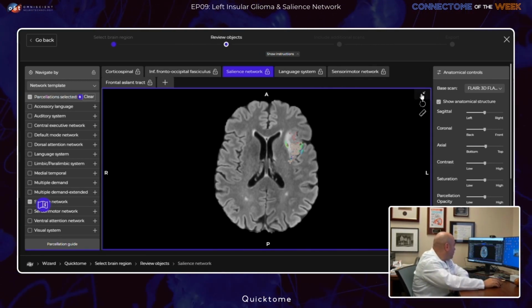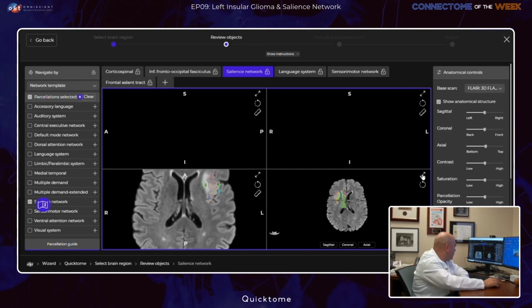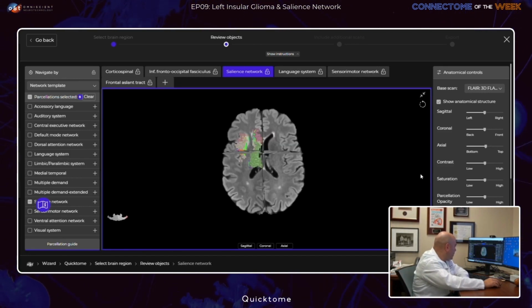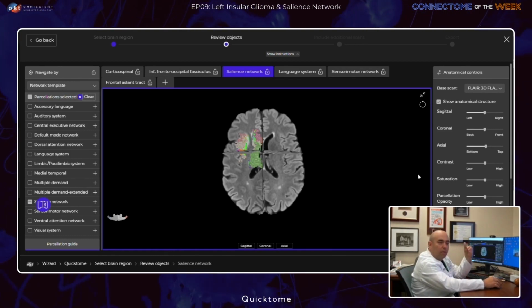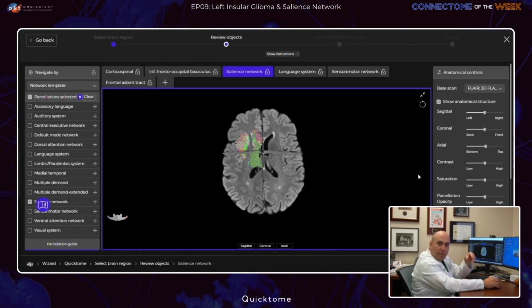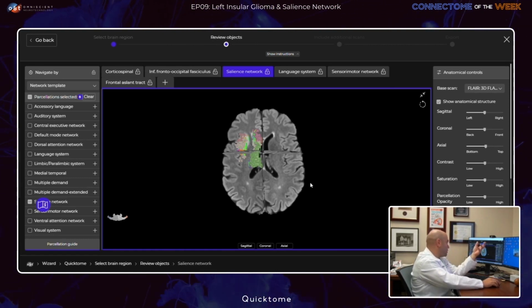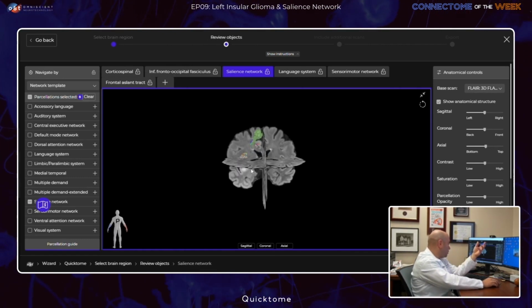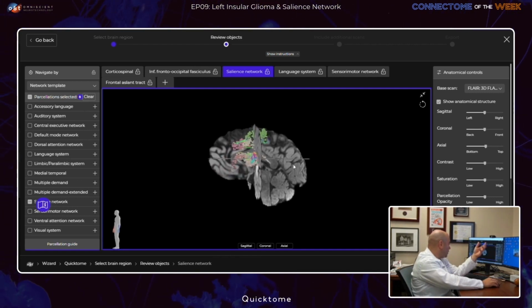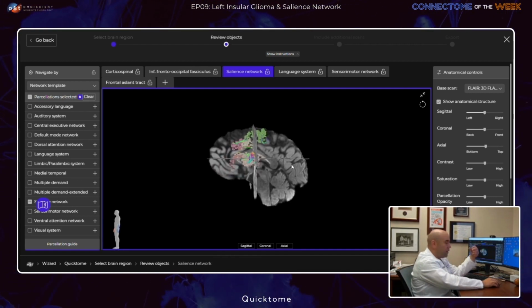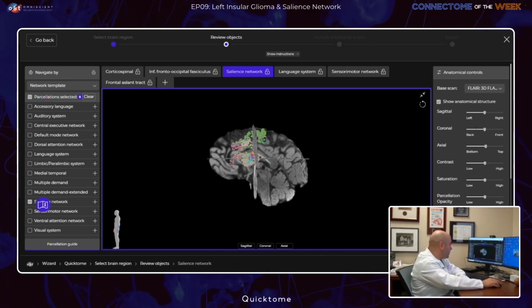I want to illustrate another projection, the 3D projection. Just to take a very quick step back, you can manipulate axial, sagittal, and coronal projections independently or on this 3D model that you can rotate as I'm doing here. Sometimes a 3D model can put the networks in more perspective.